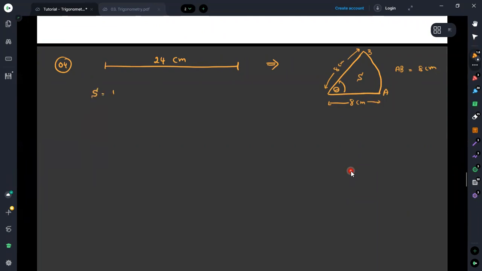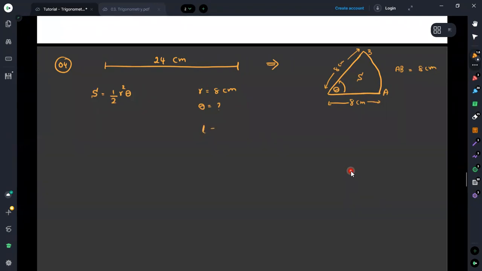It is S equals half times r squared theta. What we know is the value of r, which is equal to 8 centimeters. But still we do not know the value of theta. Without knowing theta, we may not be able to find S. To find theta, the information that we have is the length of the arc.